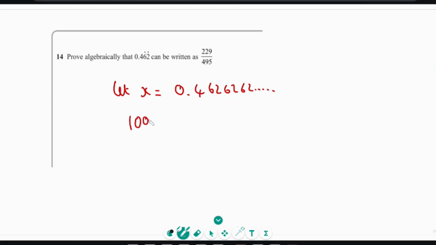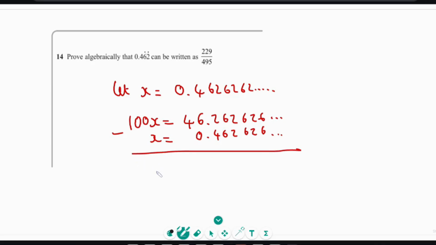If it was single digit, I'd multiply it by 10 or triple by 1000. I'm going to put my x right underneath it. And I'm going to subtract. 100x minus x is 99x.